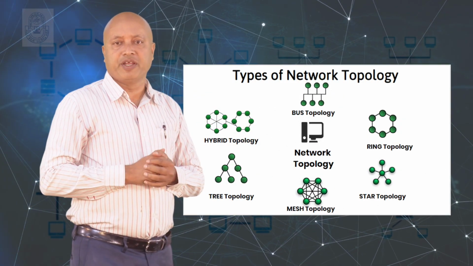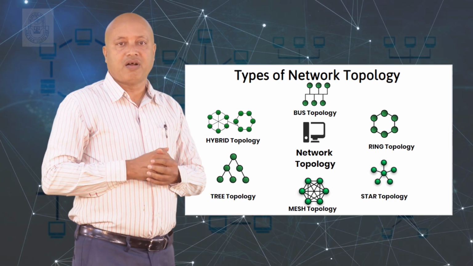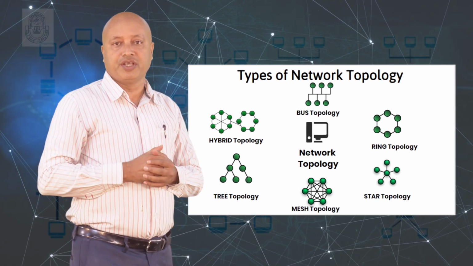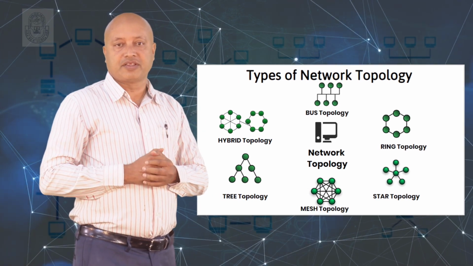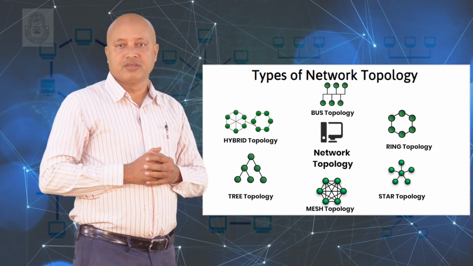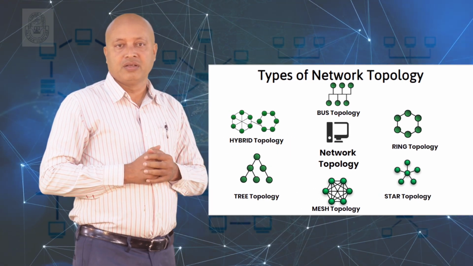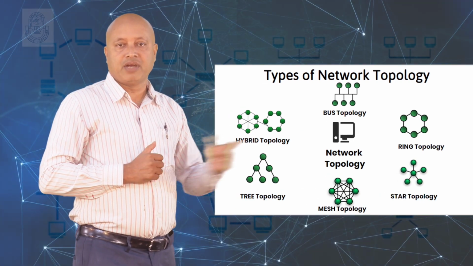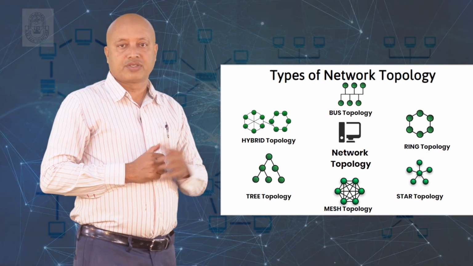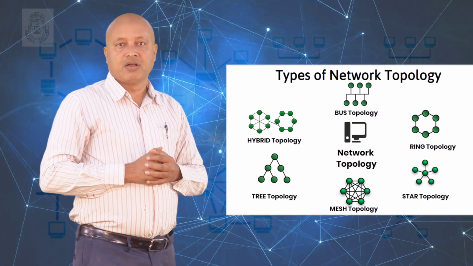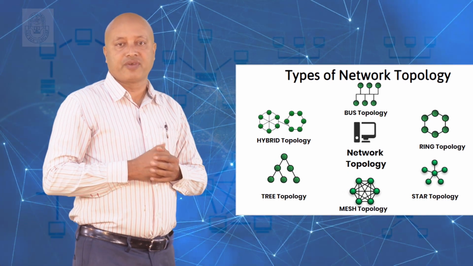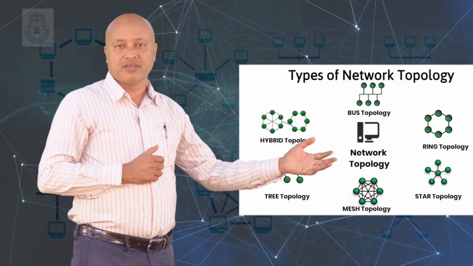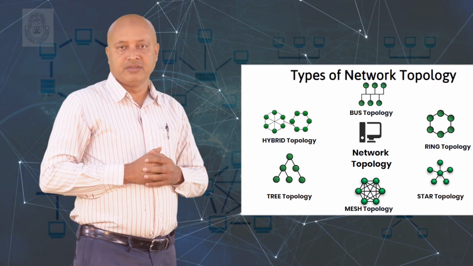Computer networks may be classified according to the network topology upon which the network is based, such as bus network, star network, ring network, mesh network, star bus network. Among the network topologies, the basic types of topologies are bus, ring and star topologies.